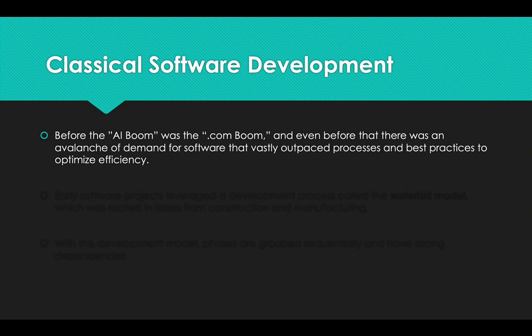And even before that, we had this massive avalanche of demand for software programs that could do things like launch rockets, so that people didn't have to do all of these calculations by hand. And so the demand for software vastly outpaced the metered approach of building processes around how you generate code that is stable and scalable and defect-free.